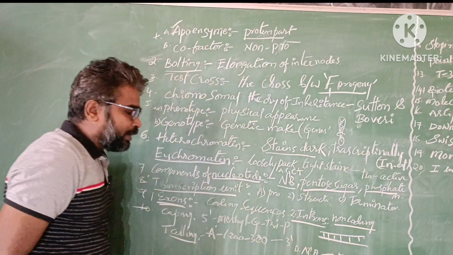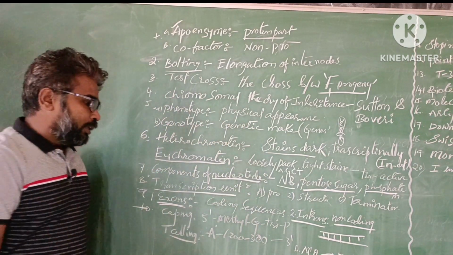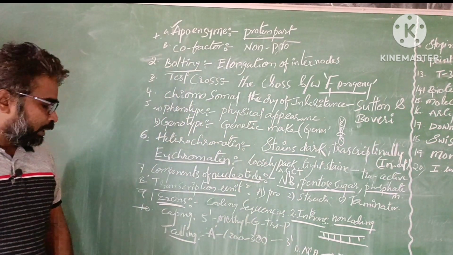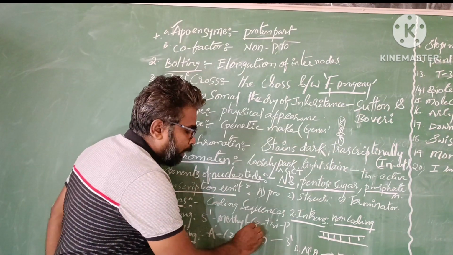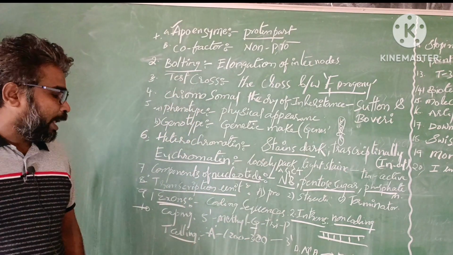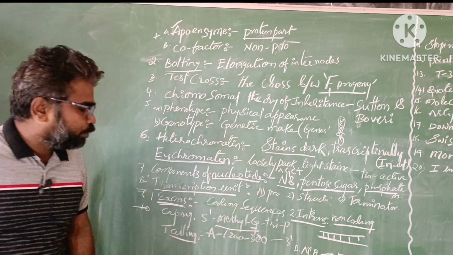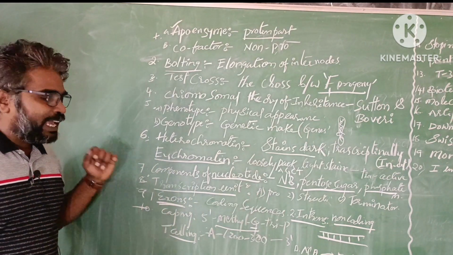When this mRNA comes out, it has a 5 prime end and a 3 prime end. At the 5 prime end, methyl guanosine triphosphate is added. That we call capping.